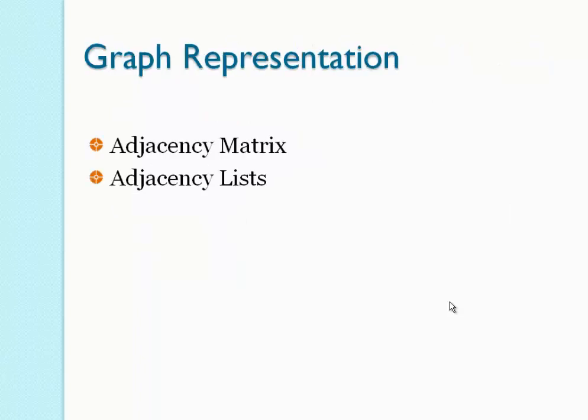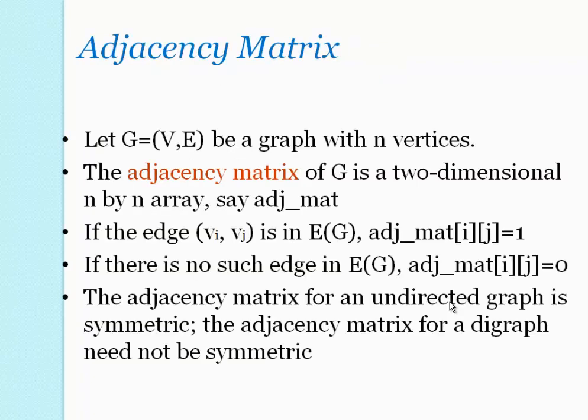Now let us talk about graph representation. The graphs are represented by using adjacency matrix and adjacency list. Adjacency matrix. Let G = (V, E) be a graph with n vertices. The adjacency matrix of G is a two-dimensional n by n array, say adj_mat. If the edge (Vi, Vj) is in E(G), adj_mat[i][j] = 1.